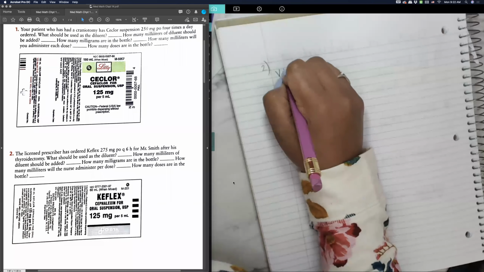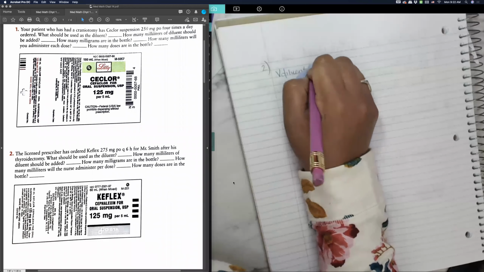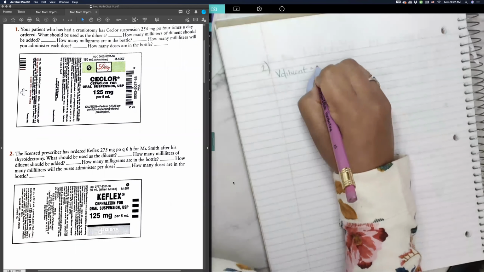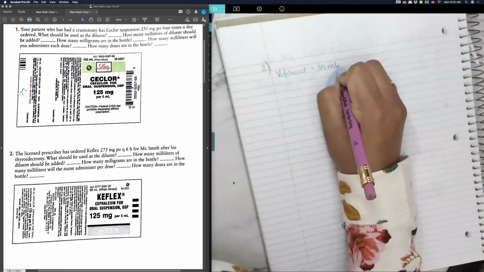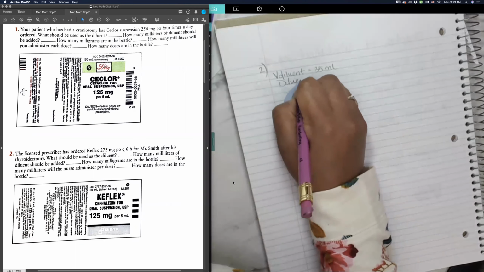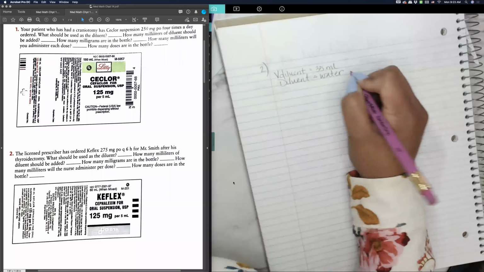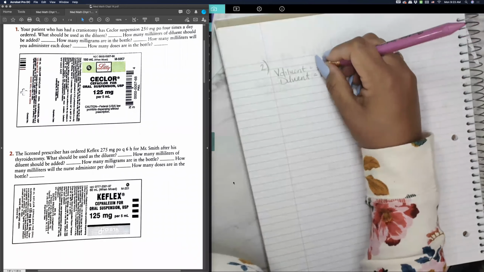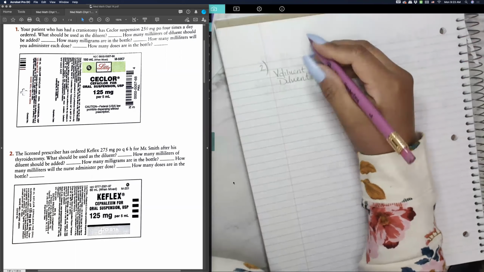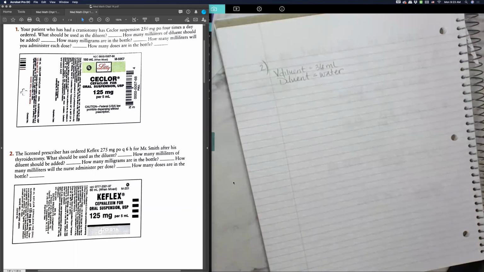The volume of diluent is 36 milliliters, and the diluent is water. I'm sorry, dear, you are more awake than me. Okay, good job. 36 milliliters of water in 2 portions to the dry mixture in the bottle. Shake well after each portion.